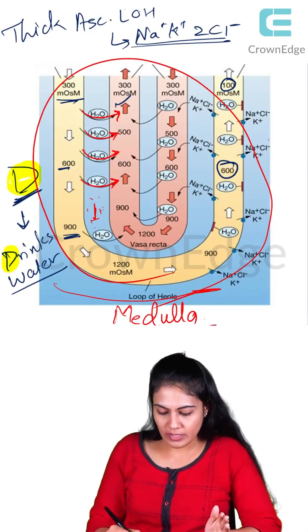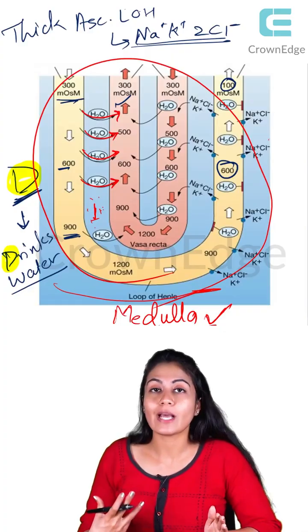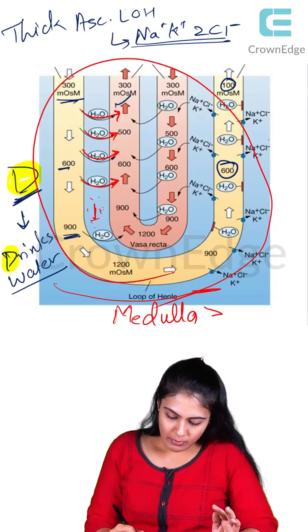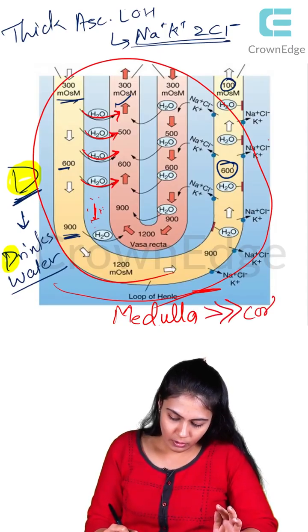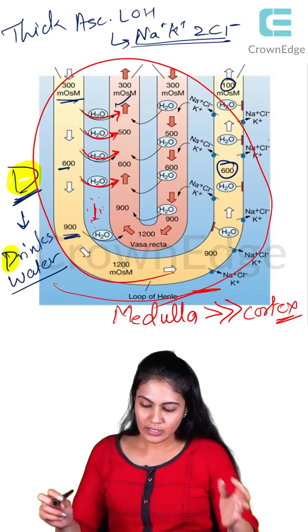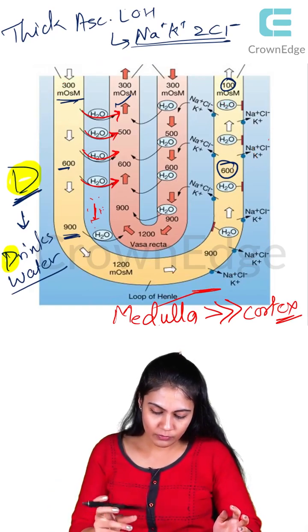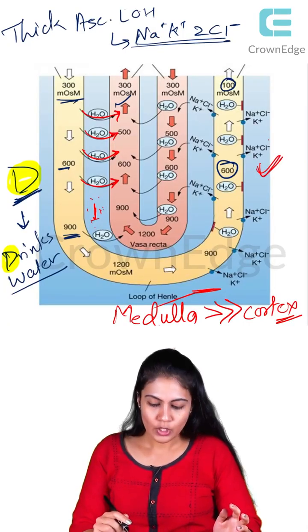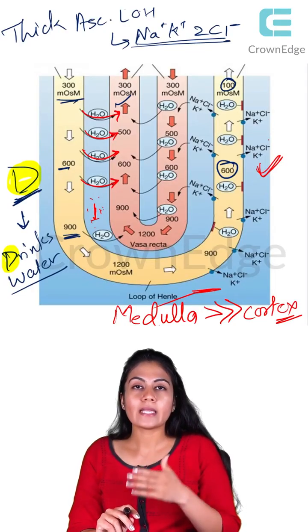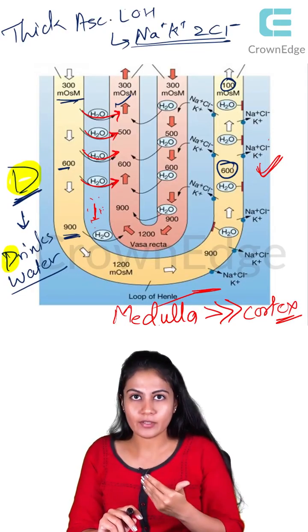So when they talk about the medullary osmolarity, it's always going to be much higher than the cortical part of the kidney, right? Osmolarity is higher because of this ascending limb of the loop of Henle. So it is increasing the osmolarity. That's why it is known as the multiplier, right?